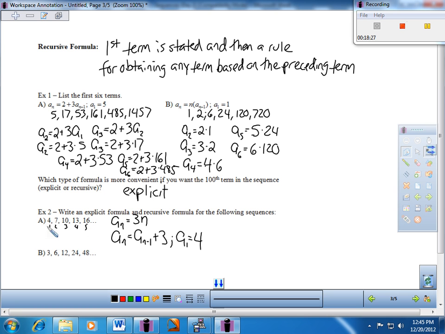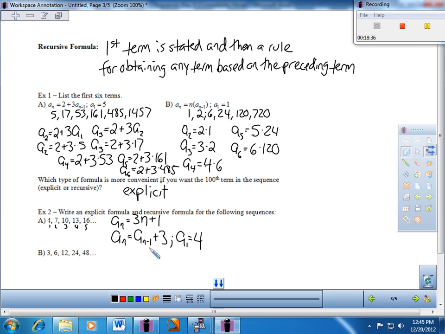But basically, 3 times 1 is not 4, 3 times 2 is not 7, 3 times 3 is not 10. But I'm hoping you would see that all you have to do is add 1. And that should work. So if I wanted the 100th term, there you go. 3 times 100 plus 1, got it. Here, the 100th term, well, unfortunately, I'd need the 99th, and I'd need the 98th, et cetera, et cetera.